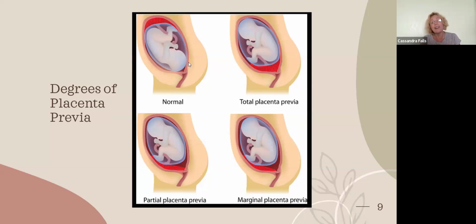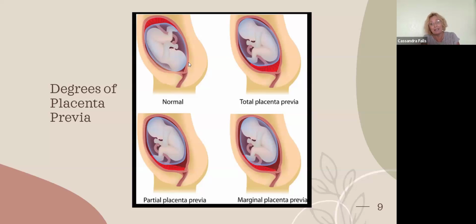Now, with our ultrasounds, we often know that a patient has placenta previa even before they're symptomatic. But if you talk to a patient who had a baby 30 years ago, when they weren't doing so many ultrasounds, their first sign of placenta previa may have been the bleeding.